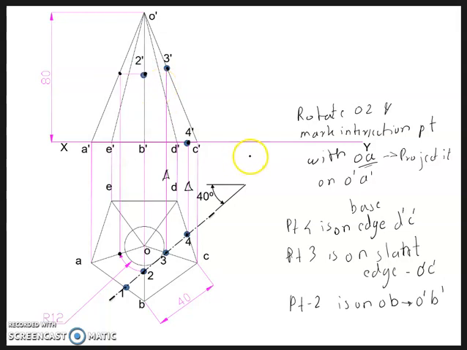Okay. So that completes 2 dash. Now only one more point is remaining, that is 1. So point 1 is on AB. So draw a projector perpendicular to XY.